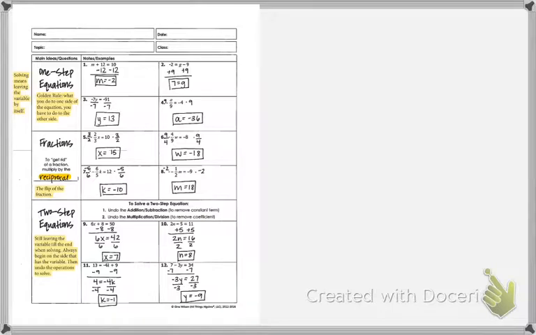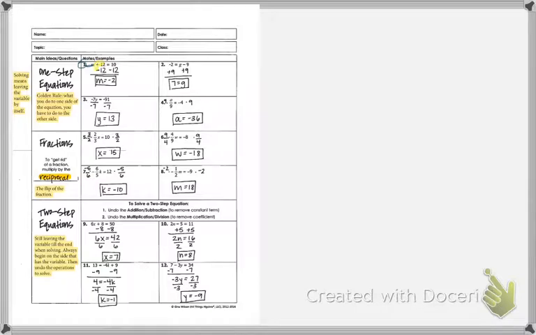On one-step equations, it's easy because it's just one step. So if you look at number one, it's fairly easy. It's straightforward. M plus 12 equals 10. Alright, how do I leave the m by itself? Well, I have to get rid of this plus 12, which means I have to undo what's happening. To undo that, I'm going to have to subtract.